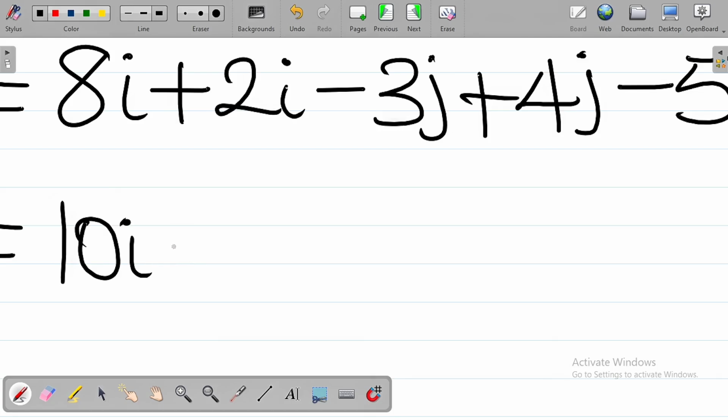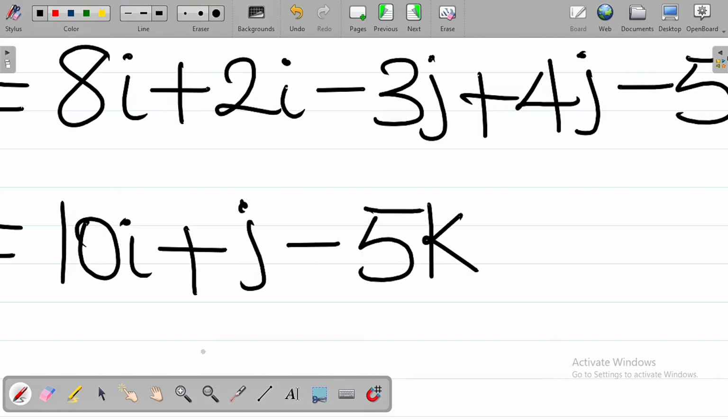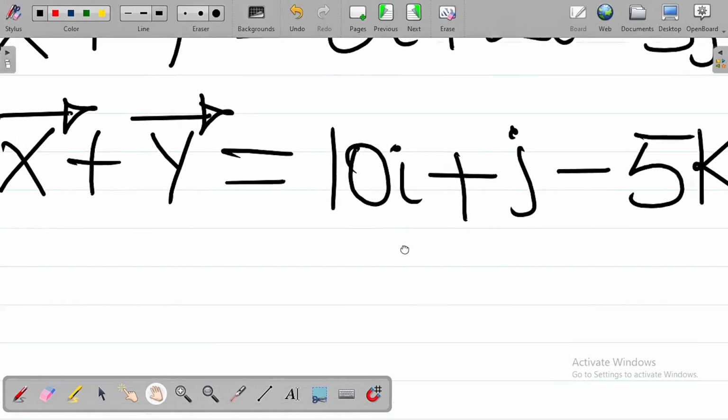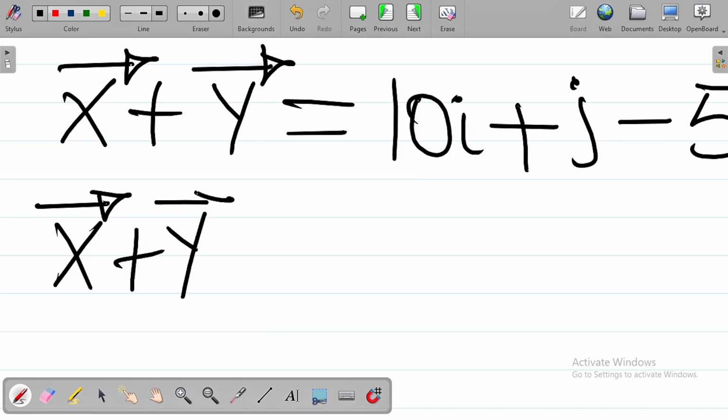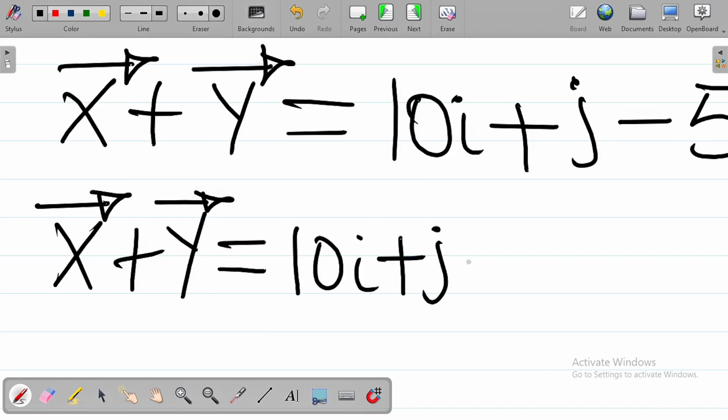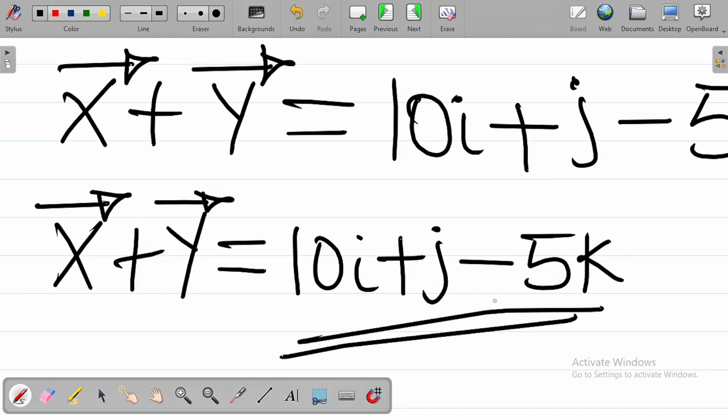So we have plus j and then minus 5k. So therefore, vector x plus vector y is equal to 10i plus j and then minus 5k. So this is the answer.